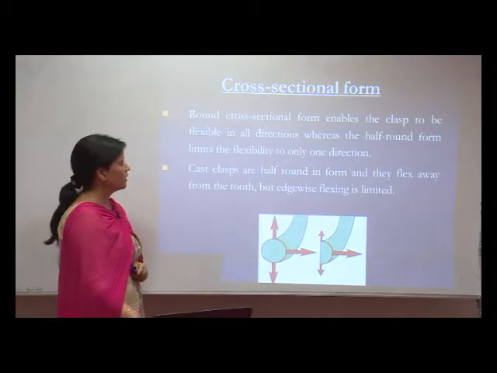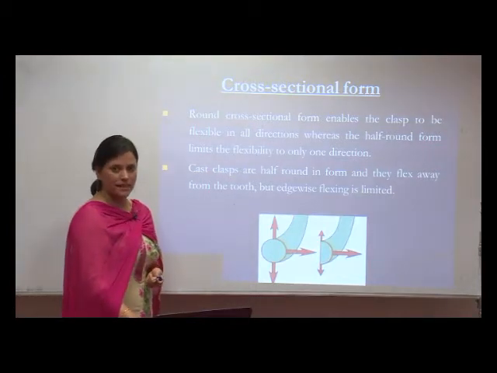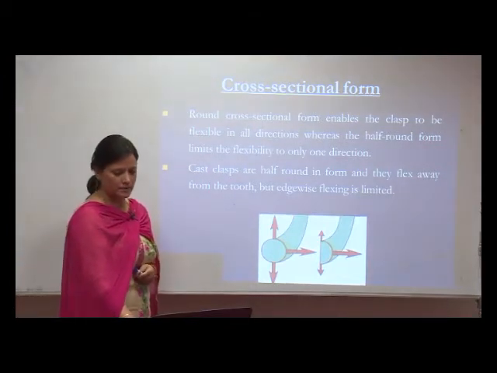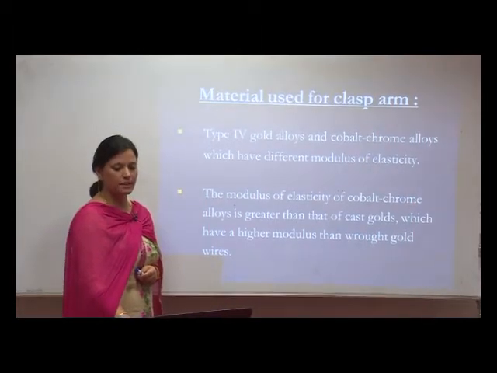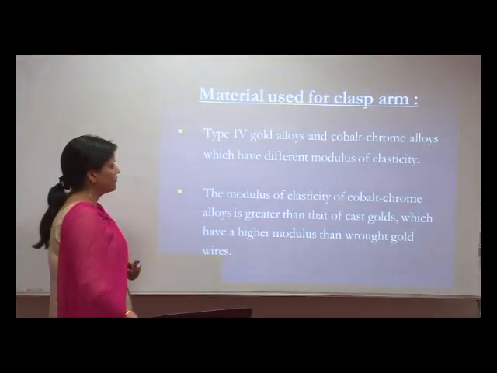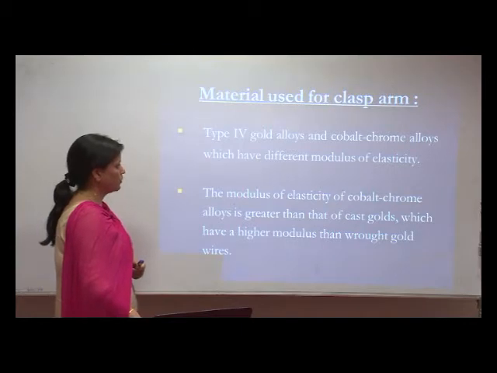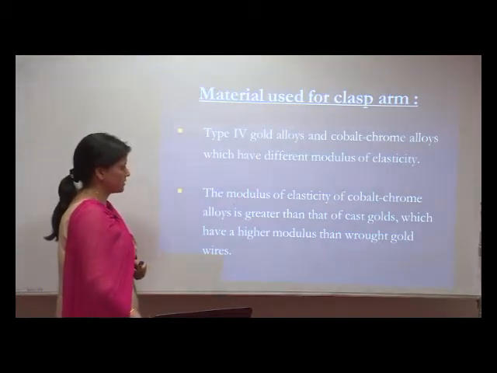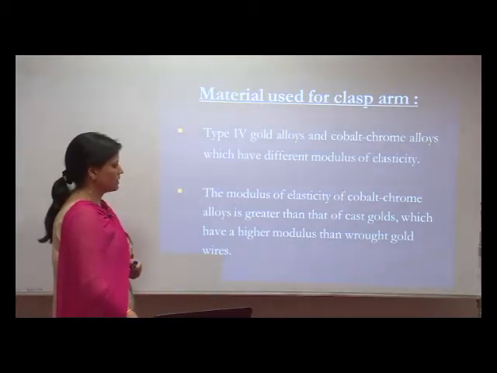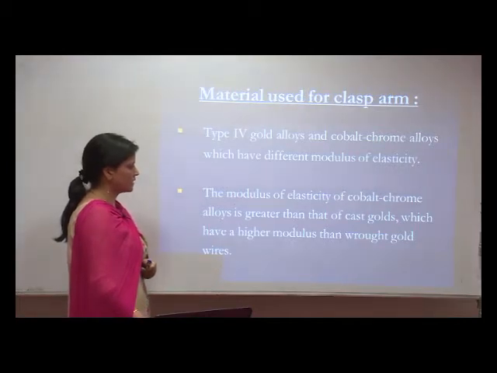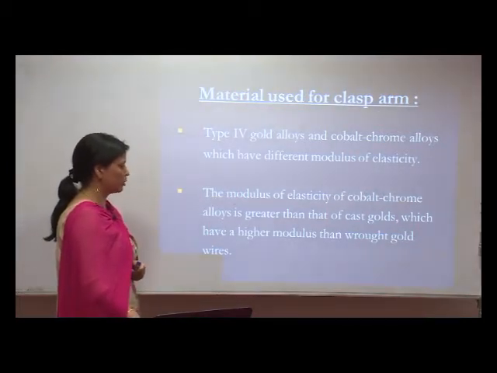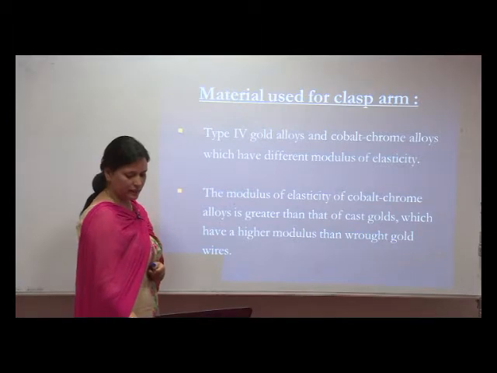Cross-sectional form. A half round clasp will be less flexible than a full round clasp. Material used for the clasp: gold alloys and cobalt chrome alloys have different moduli of elasticity. The modulus of elasticity of cobalt chrome alloys is greater than that of cast gold, which has a higher modulus than wrought wire clasps.